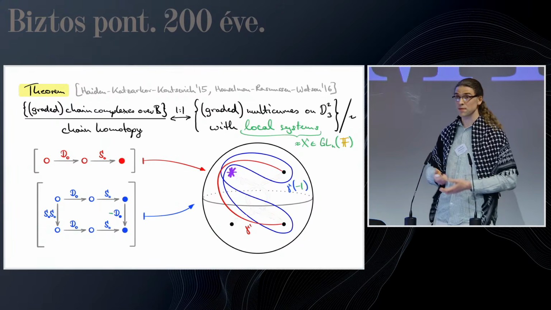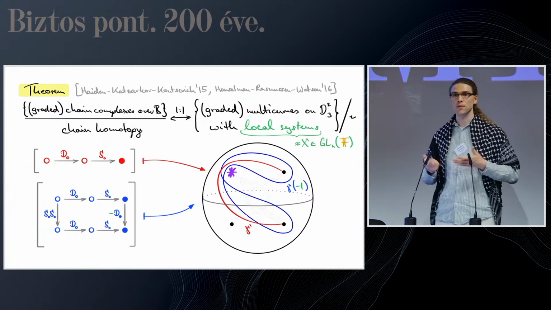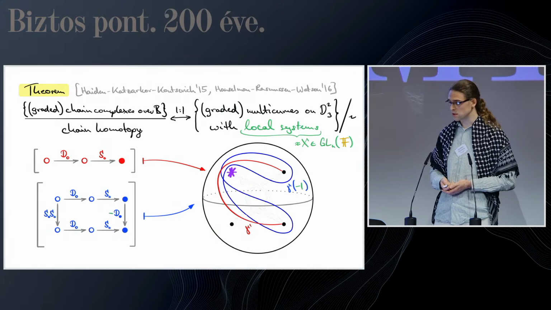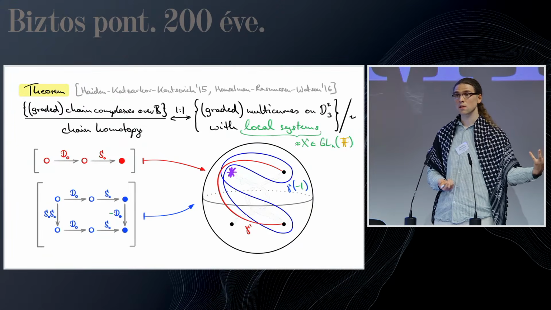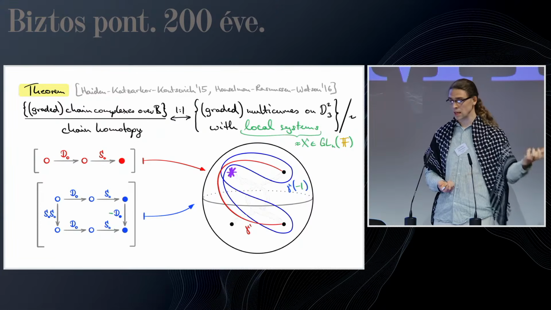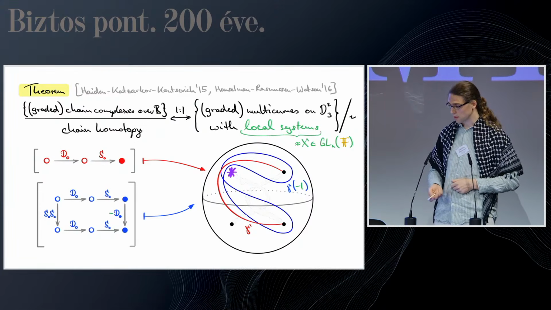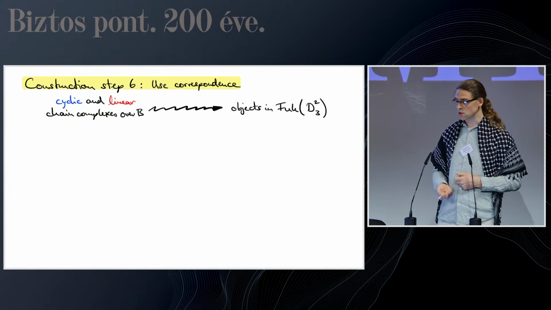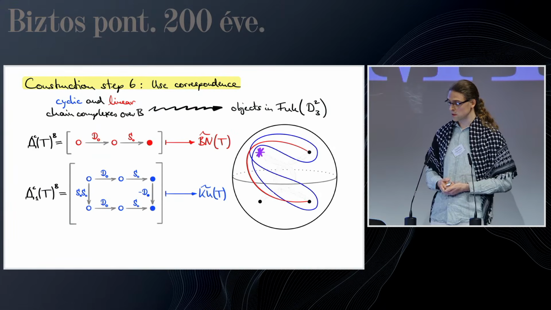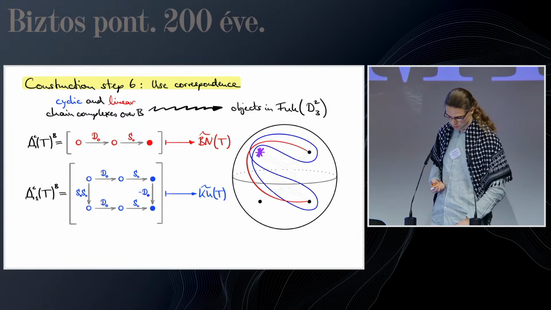Okay, so we have this correspondence, and now we are almost there. We just apply this correspondence to get from chain complexes over B, the cyclic or linear chain complexes over B, to multicurves on the three-punctured disk. So that's our last step. We use this correspondence and get these two objects in the Fukaya category.